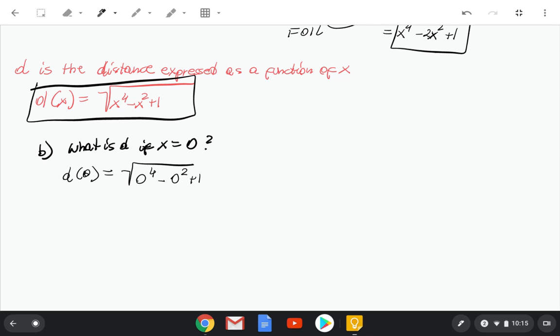So we're just having square root of 1, which is equal 1.